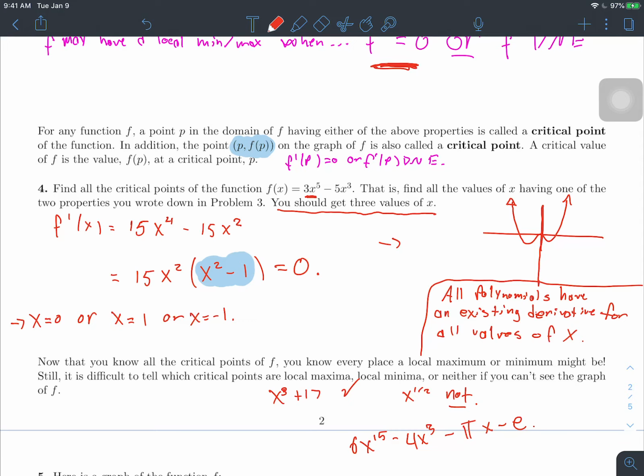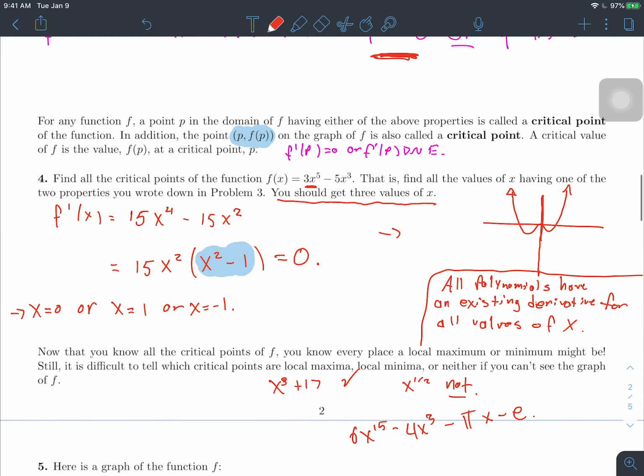Not polynomial? Anybody? Okay. It is a polynomial, and the only thing we have to do is look at the powers. 15 is a non-negative integer. 3 is a non-negative integer. 1 is a non-negative integer. And 0 is a non-negative integer. So this is a polynomial.